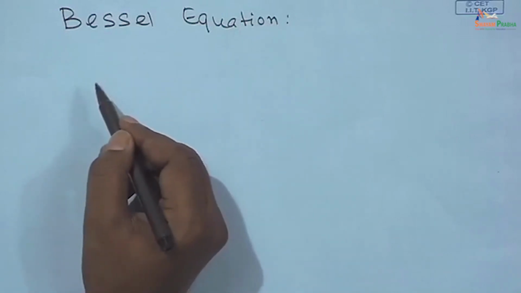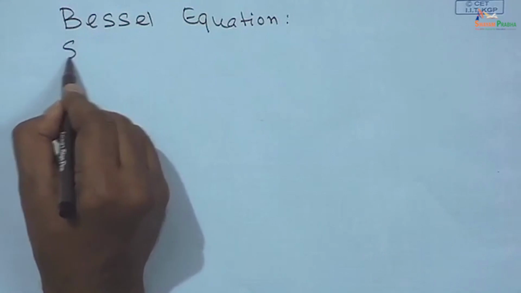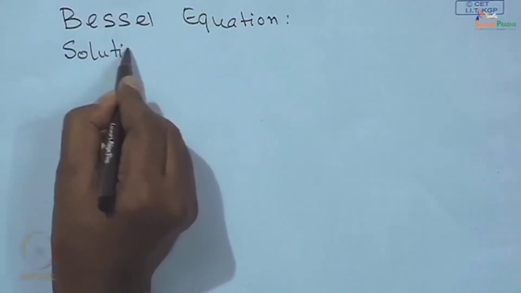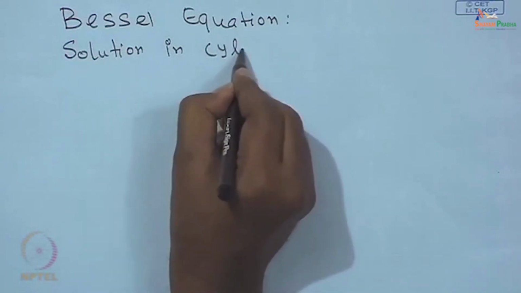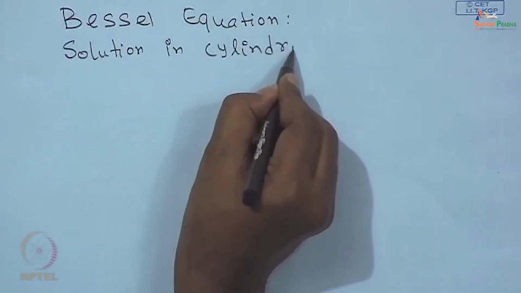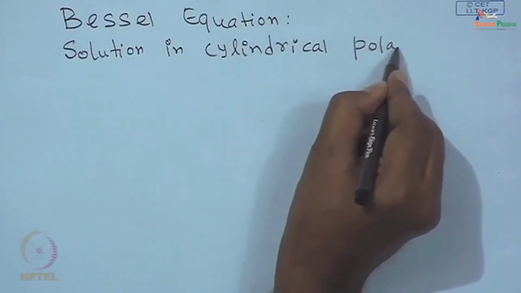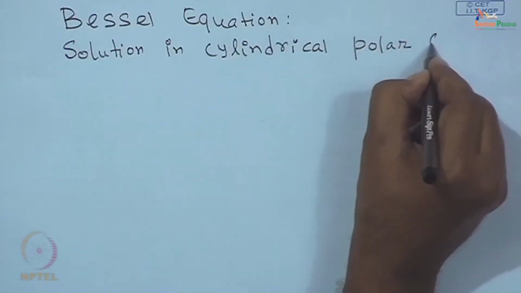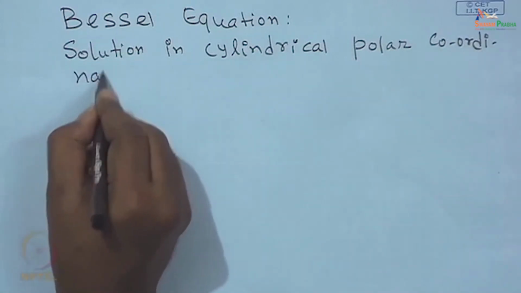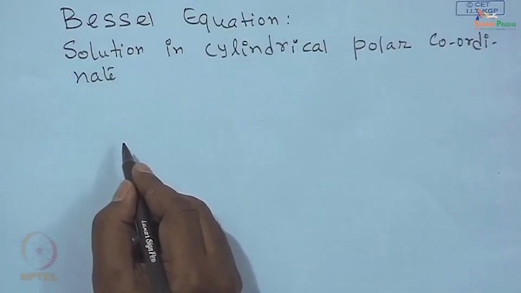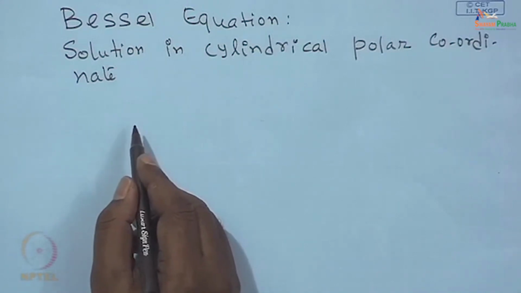This equation is common whenever we are talking about the solution in cylindrical polar coordinates. Whenever we are working in the cylindrical polar coordinate system, we land up with the Bessel equation.